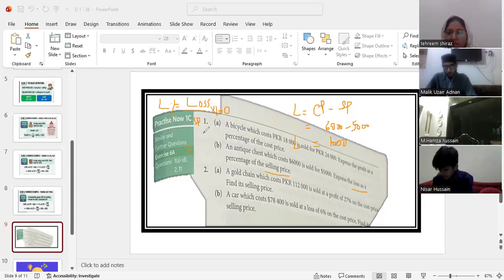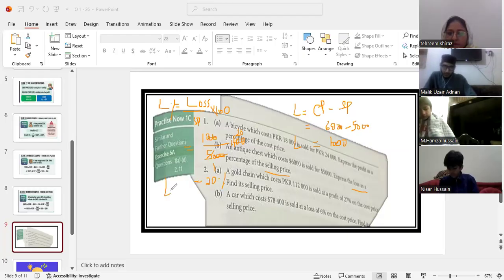The loss is 1,000, the sales price is 5,000, multiply by 100. Cut the zeros, 5 twenties are 100. The answer is very simple: loss percent is equal to 20%.